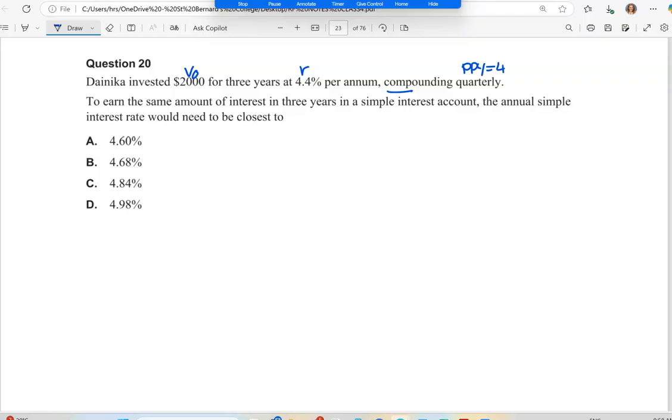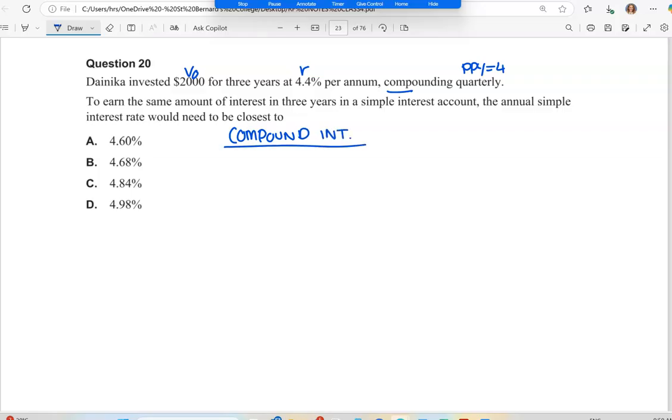So what you want to know is how much she got at the end of her 3 years with compound interest. And then you want that to be the same scenario if it was simple interest. So let's first of all find out what they actually would have got when they did the compound interest.